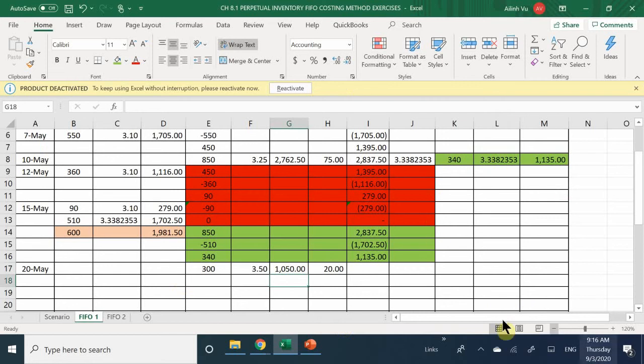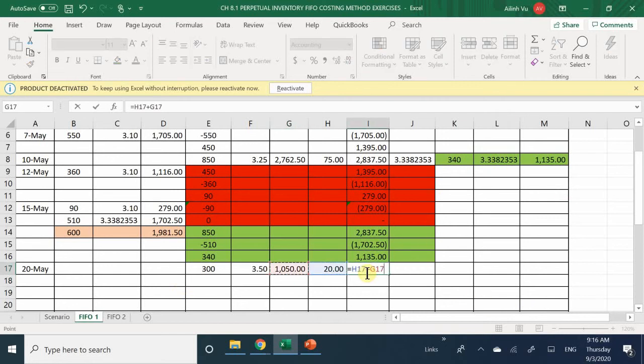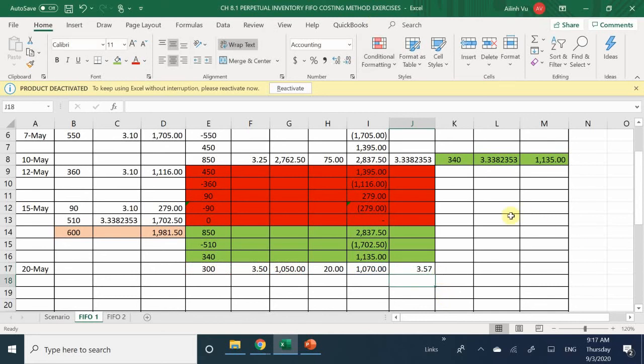All right. What's my total cost here? $1,070. Yes. What is my cost per item here? 3.5666. Okay, so this one is 3.56666666. Let me expand it. Perfect. Okay, a lot of sixes.